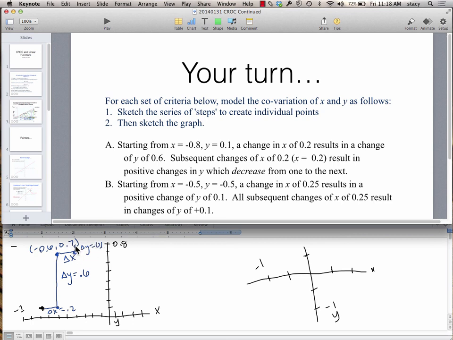Right, so this could be the next point at negative 0.5, comma 0.8, right? And then if I let delta x be 0.2 again, my next change in y is going to have to again be positive, but even less. It's going to have to be less than 0.1.